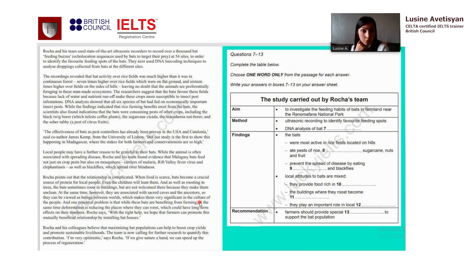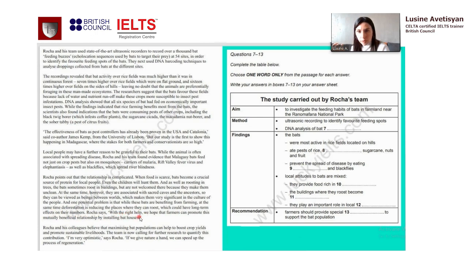Grammatically, logically, reasonably. Okay. Moving to the recommendation, the advice. Farmers should provide special something to support the bat population. Farmers should provide special what to support the bat population? Let's see the farmers and the advice.